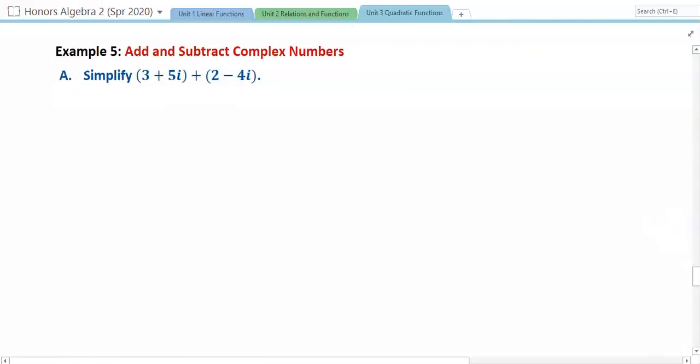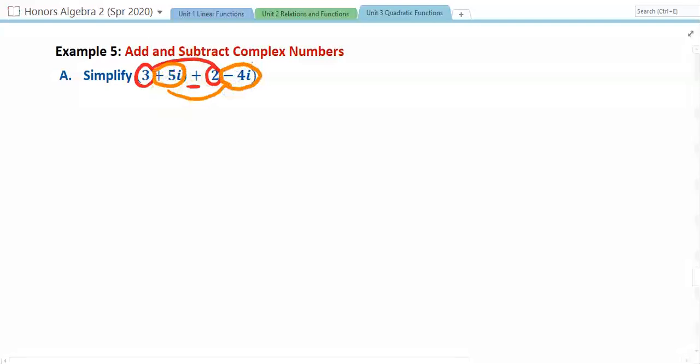Looking at example 5 here, to add and subtract complex numbers, again, you can only add or subtract like terms, right? And so the real part will add, in this case, because that's the operation, to the real part. And the imaginary part, so this plus 5i, will add to this imaginary part, negative 4i.